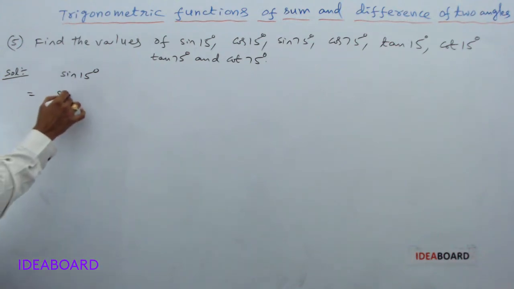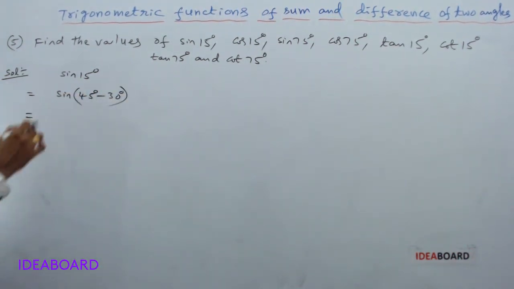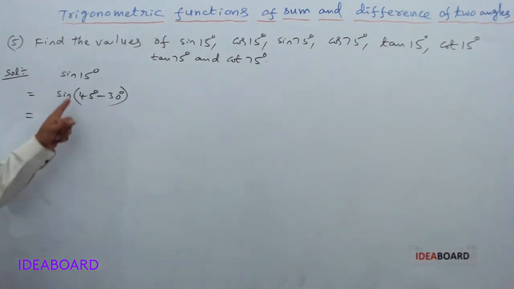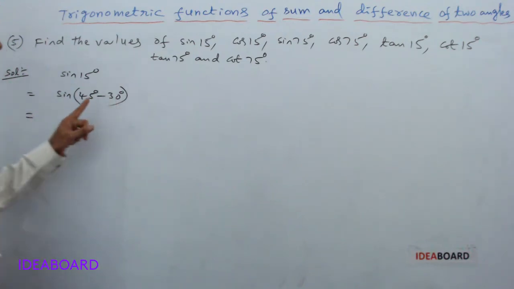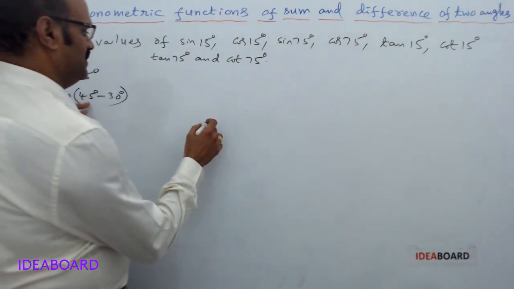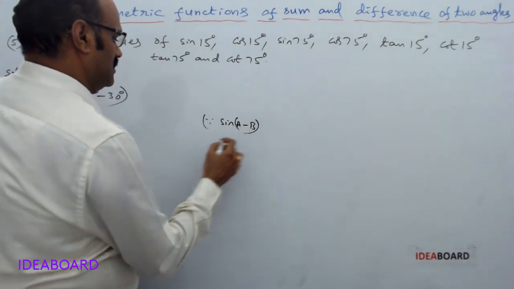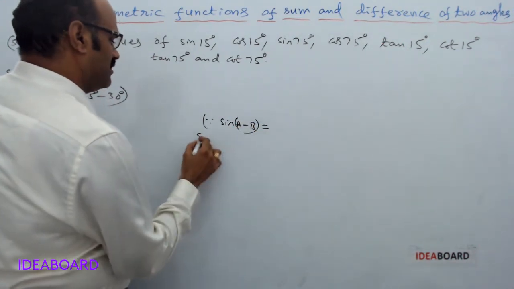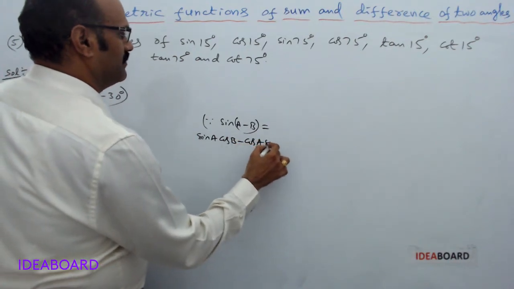Sin of 45 degrees minus 30 degrees is in the form of sin of a minus b. The formula for sin of a minus b equals sin a cos b minus cos a sin b.